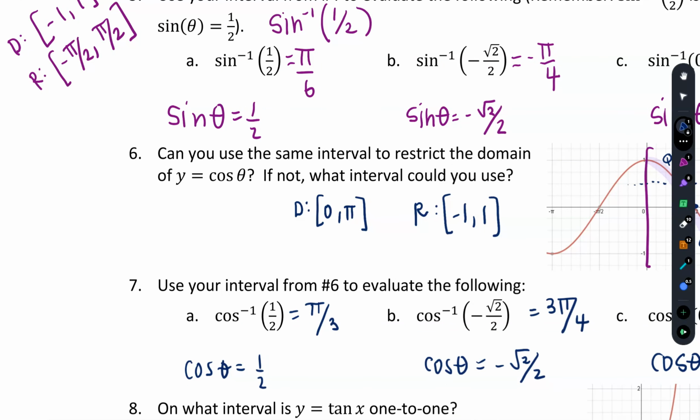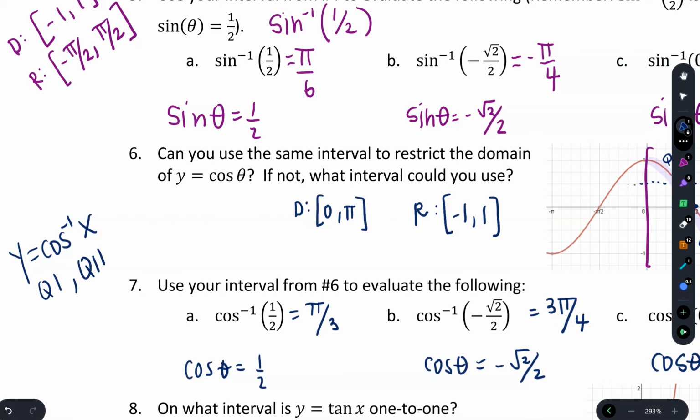Okay, so let's talk about cosine. For inverse cosine, what quadrants am I going to restrict it to? Quadrant 1 and quadrant 2. So what is my domain going to be for inverse cosine?